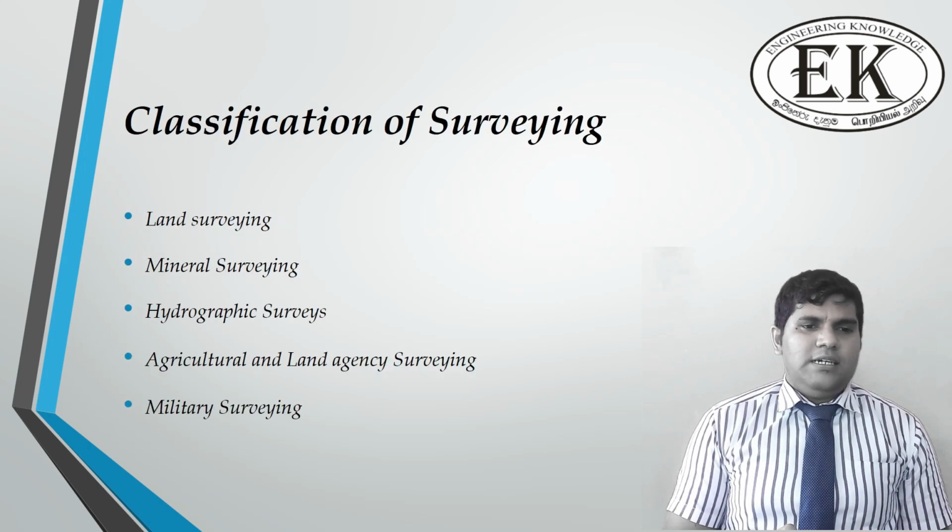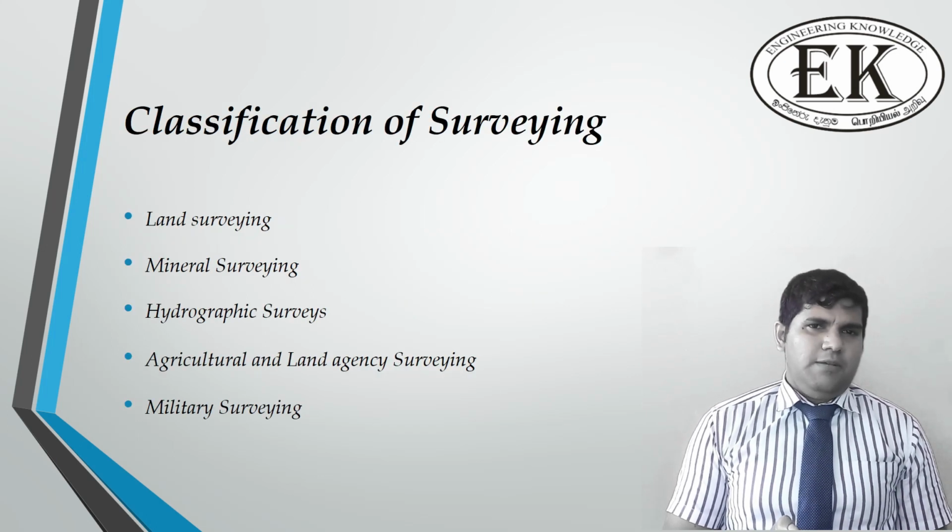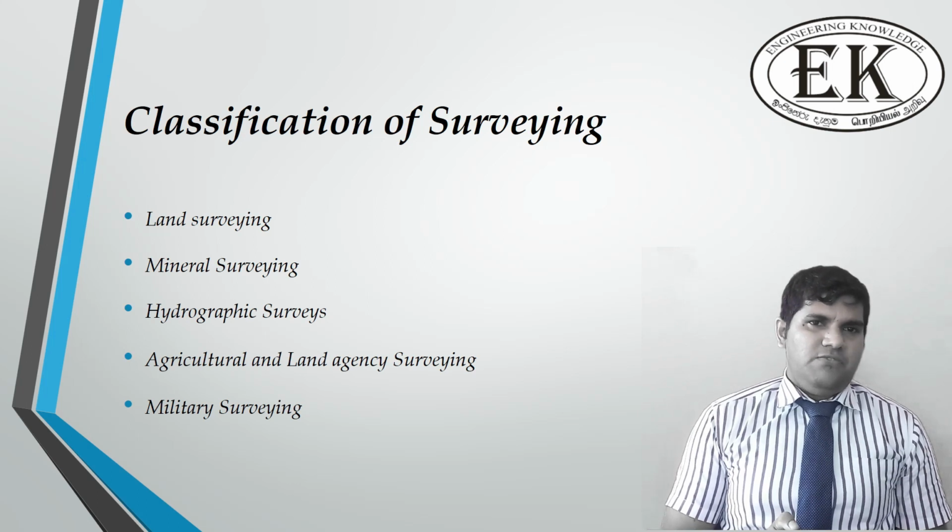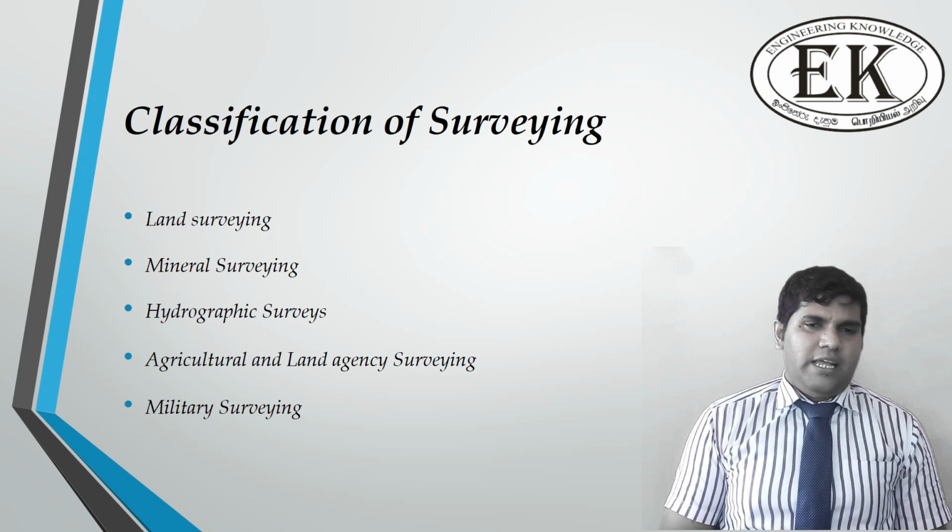If you look at the classifications of surveying, there are 5 different classifications. First one is land surveying. This surveying is mainly focused on land areas, and the second one is mineral surveying. We are going to do some surveying related to minerals, and the third one is hydrographic surveying.